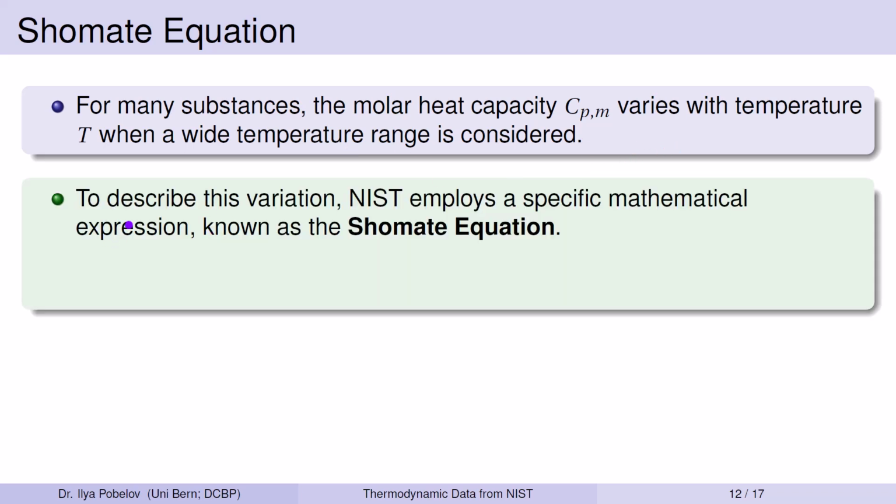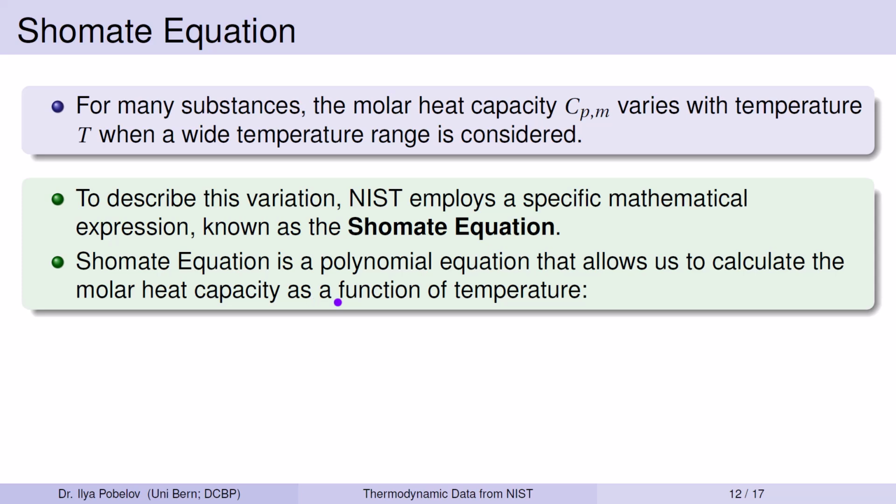To describe this variation, NIST employs a specific mathematical expression known as the Shomate equation. It is a polynomial equation that allows us to calculate the molar heat capacity as a function of temperature.